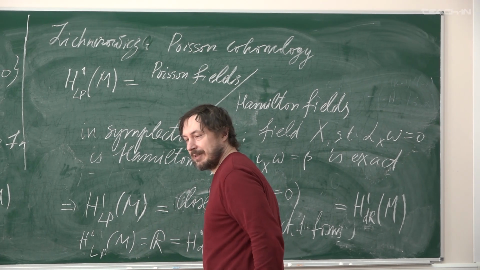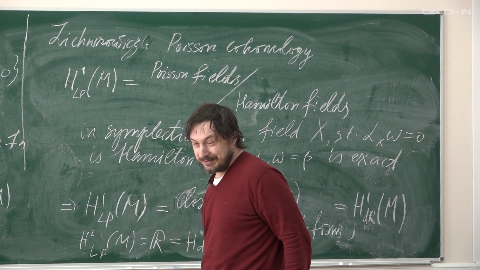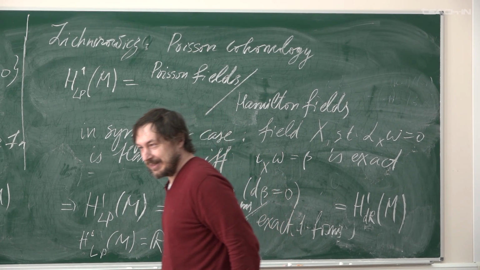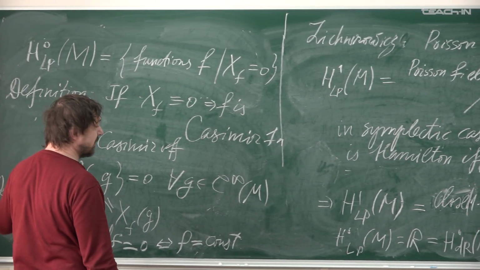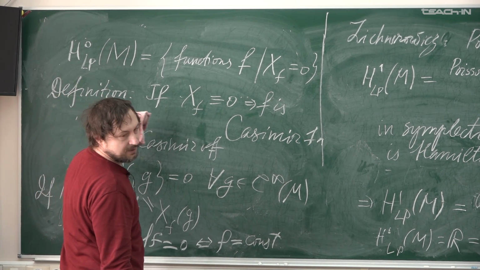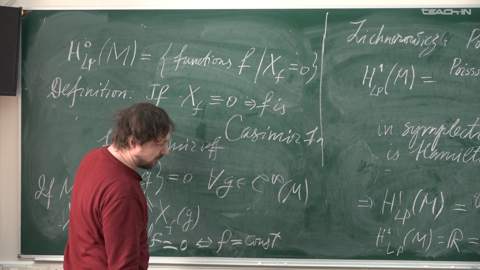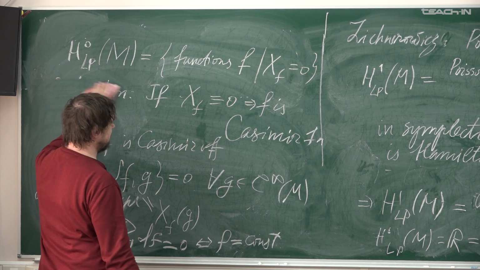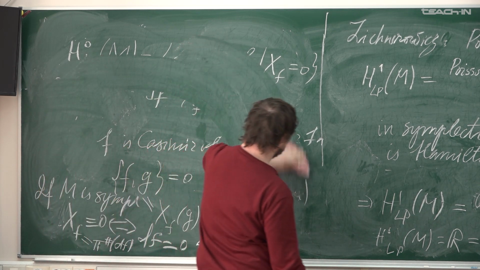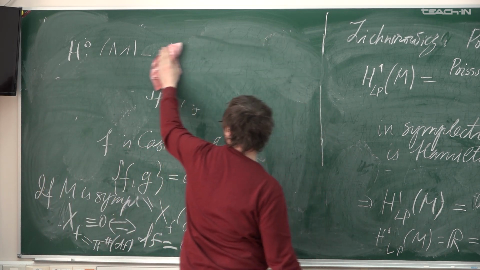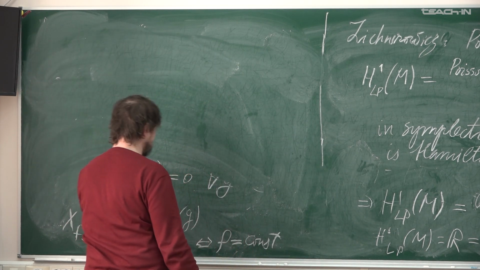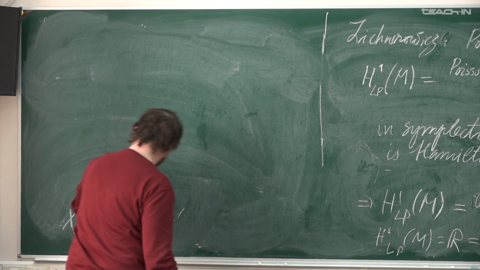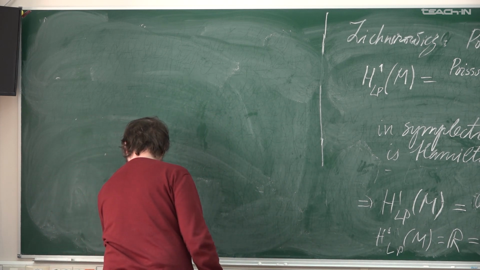And in fact, I'm going to prove right now that this is always the case: if M is symplectic, then this Lichnerowicz-Poisson cohomology is always equal to the de Rham cohomology. That's just an easy observation now. Let me prove the following claim.